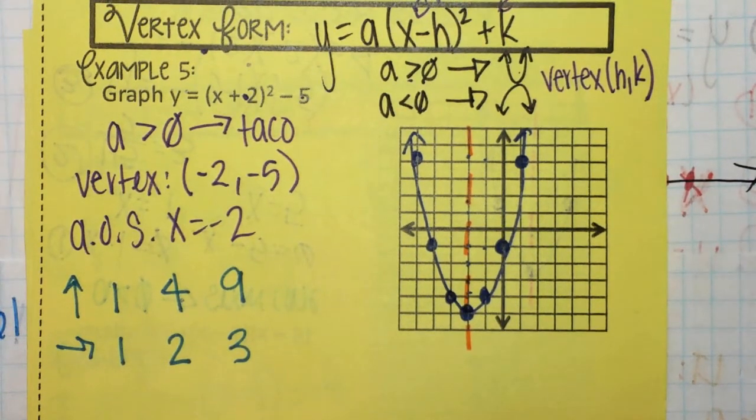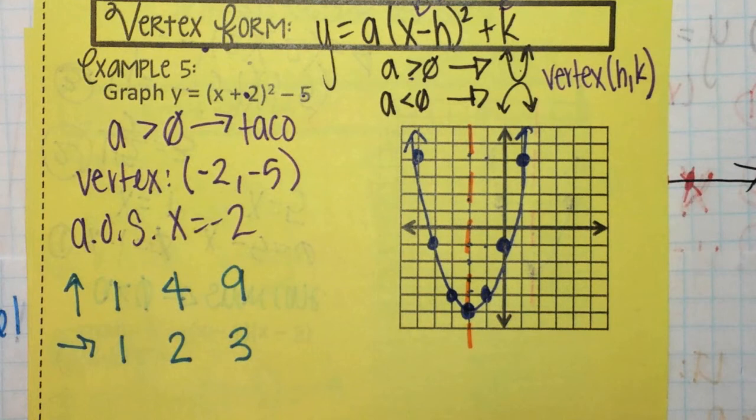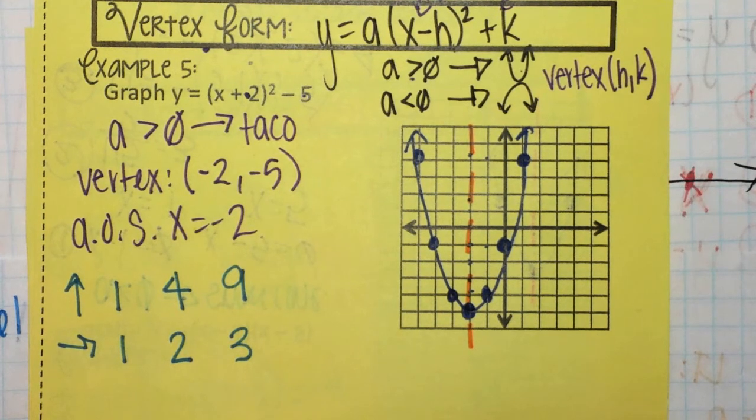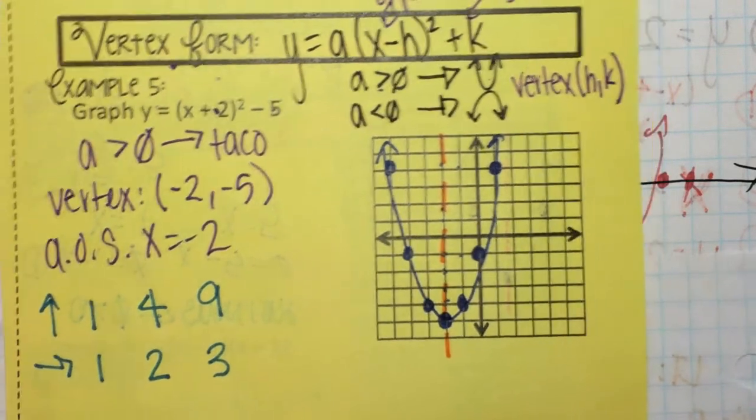After you plot your vertex and your axis of symmetry, you always use your perfect squares: 1, 4, 9, and 1, 2, and 3. Even if it's a different equation.